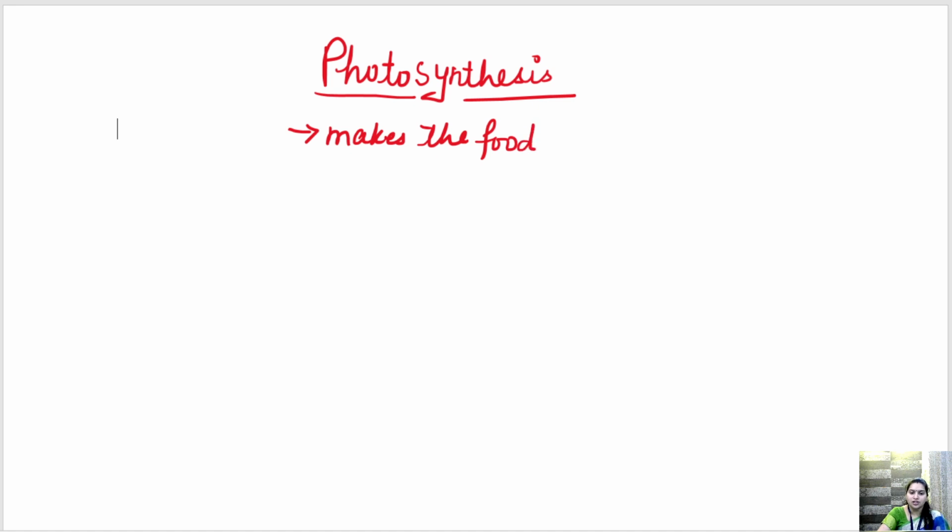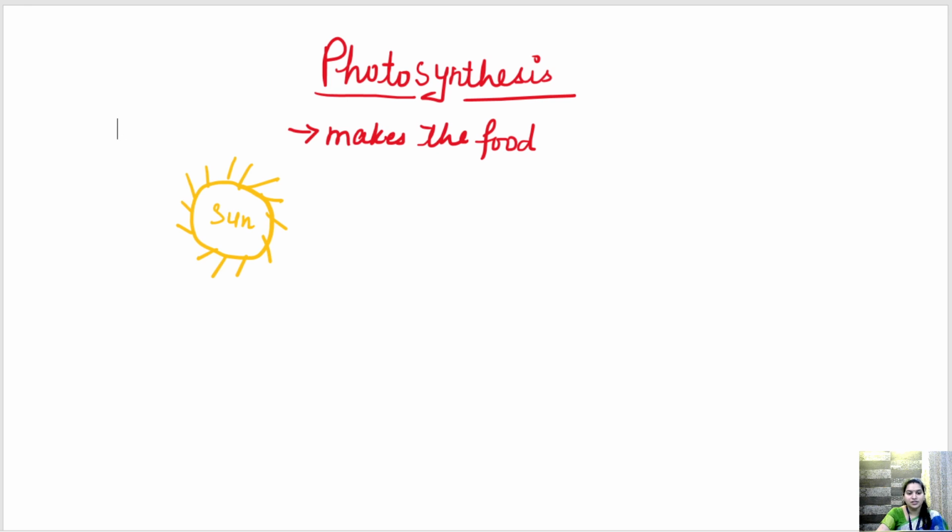So, in the process of photosynthesis, there are certain materials that a plant requires. So, what is that first material? Let's see. The first thing that a plant requires is sun. Okay, so this is sun.